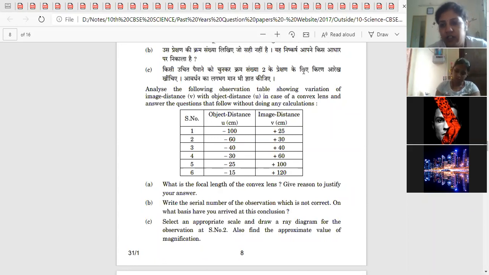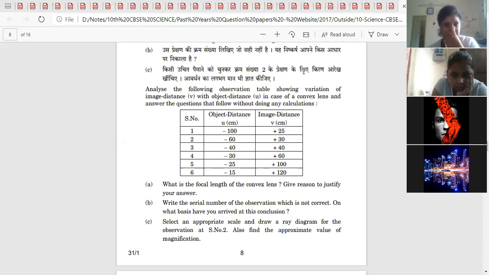Therefore F1 is equal to 20. So the focal length is 20 centimeter. Now which one is the incorrect statement? Which serial number is the incorrect one? Sixth one. Reason? Because if the object is placed between the optical center and F1, it will form a virtual and erect image.